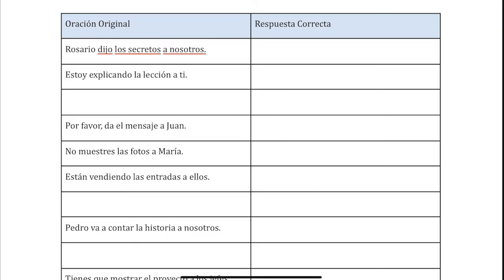Muy bien. Entonces, los secretos respond to the question what. What did she say? She said the secrets. What? To whom? To whom is a nosotros. So in this example, we know that los secretos can be replaced with los, and a nosotros can be replaced with nos. Now, when I have to rewrite the sentence, I will go with Rosario.